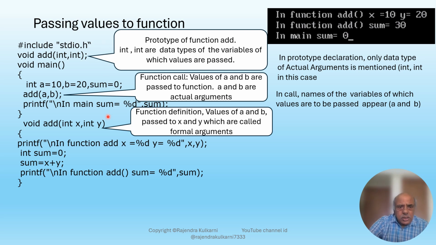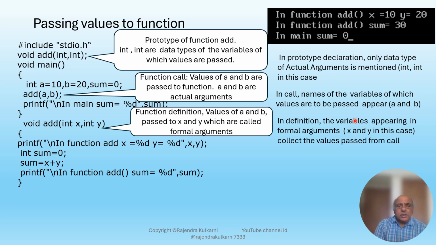In the call, here add(a, b), the names of the variables whose values are to be passed appear, a and b in this particular program. In the definition, the variables appearing are the formal arguments. x and y in this case collect the values passed from the call.